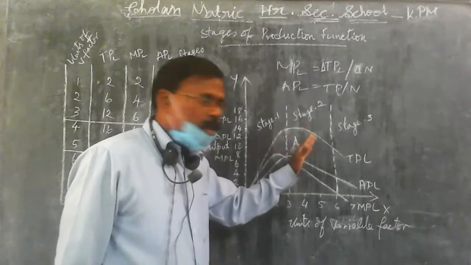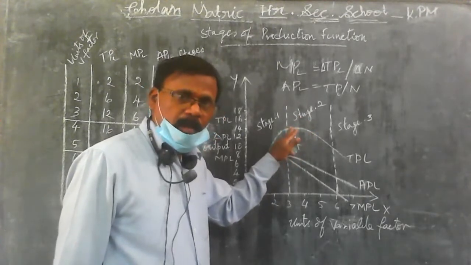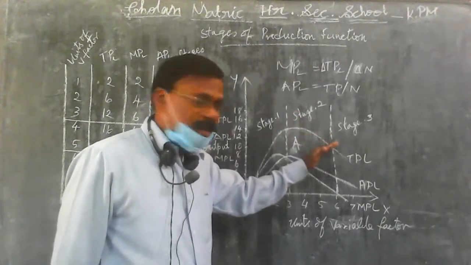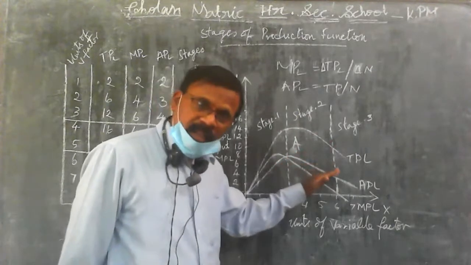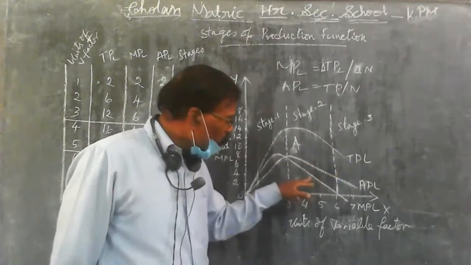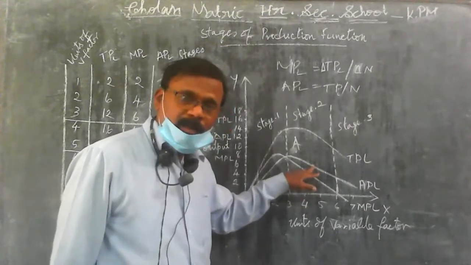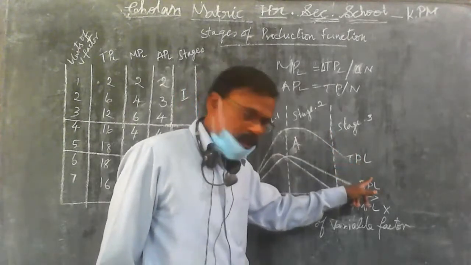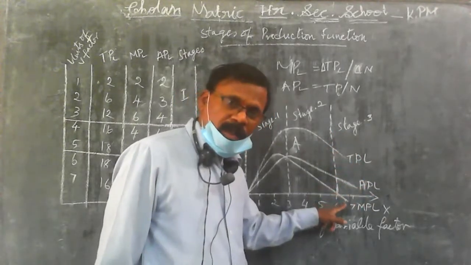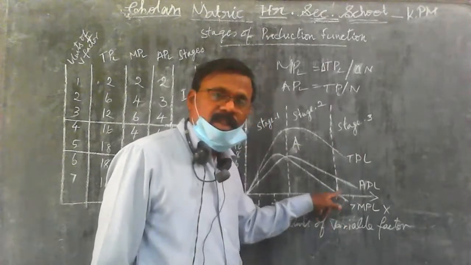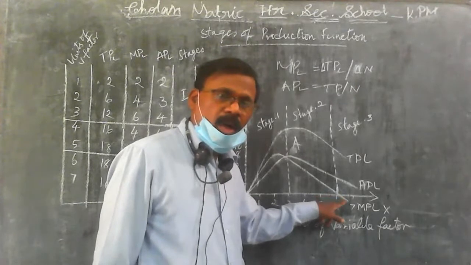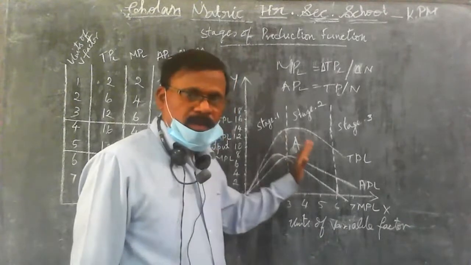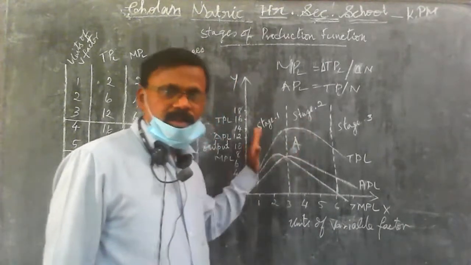In the second stage, total product reaches maximum and increases at a decreasing rate. Marginal product declines, so the marginal product is lower than average product. In the third stage, total product decreases and marginal product decreases and reaches zero. After that, it becomes negative. So this is the position of the production function under the three stages.